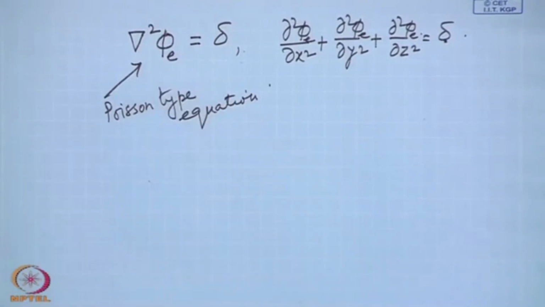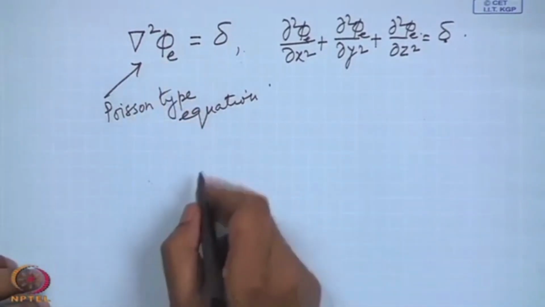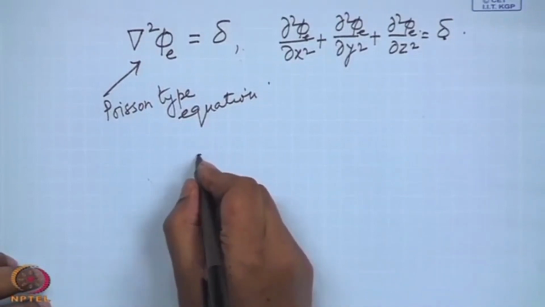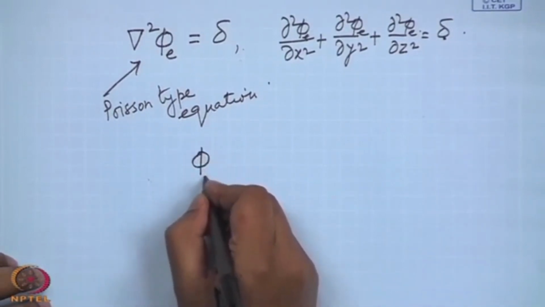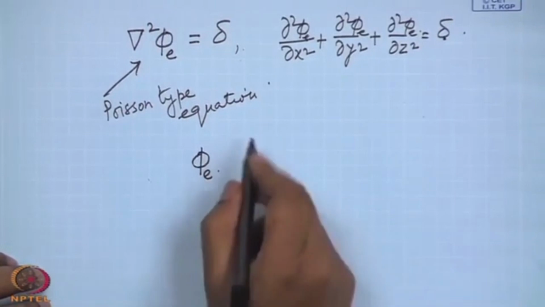Now, the solution of this equation, are you familiar with the solution of this equation? The solution of this equation is given by phi e, again a function of x and t.